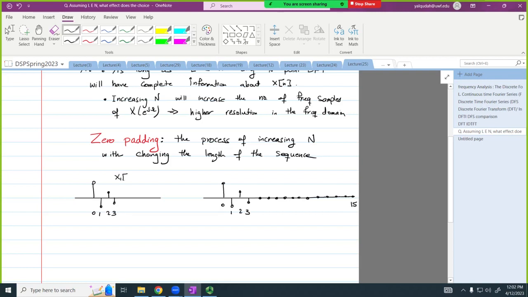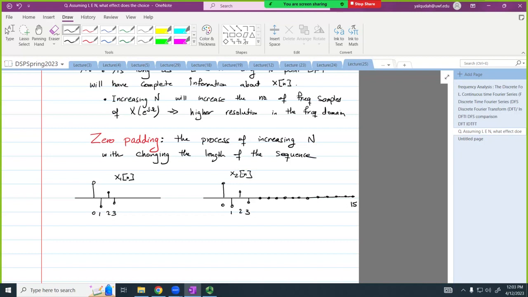So this is x1 of n. This is x2 of n. What is the difference between this signal and this signal? This signal is padded with zeros. I padded 12 zeros to this signal.